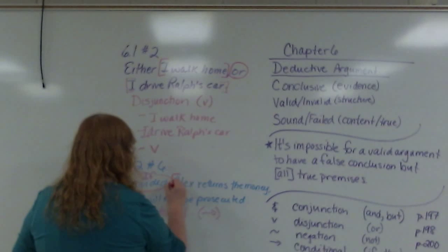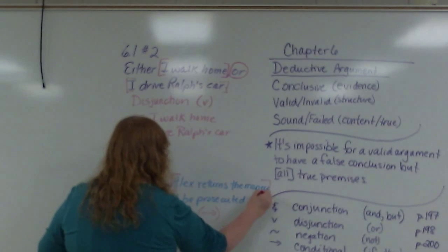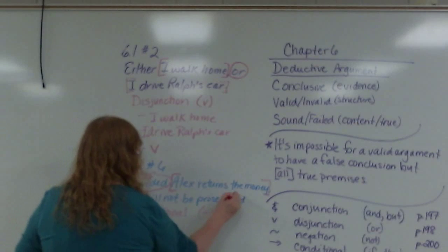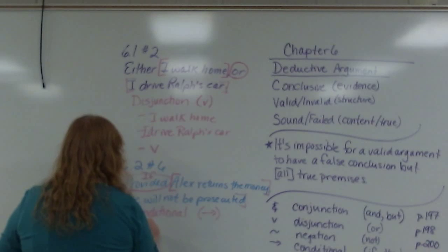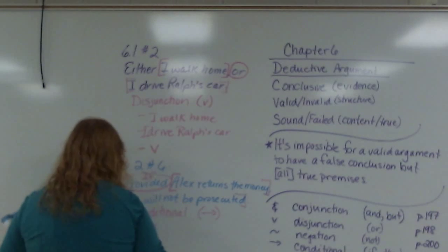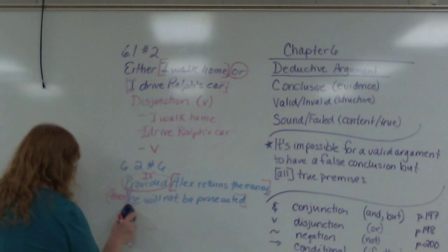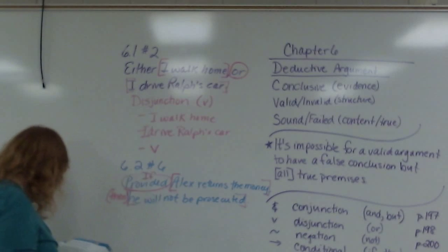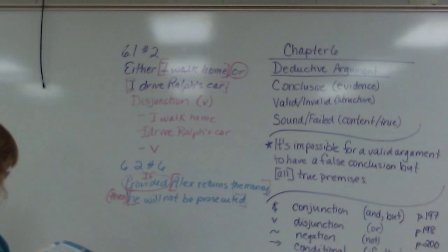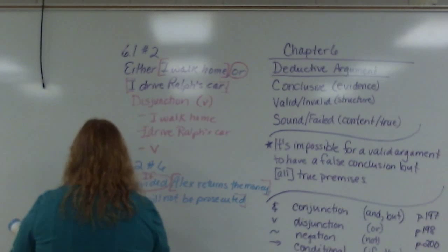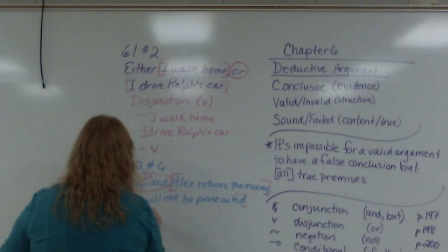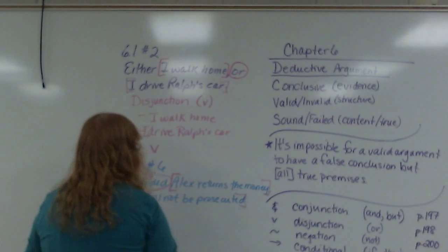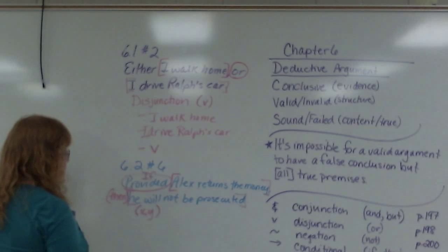My constituent parts: Alex returns the money, he will not be prosecuted. But we're supposed to use the letters in parentheses to get there, right? So for number 6, we have X and Y. I have my two parts.